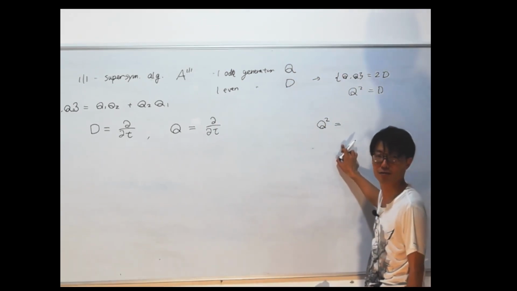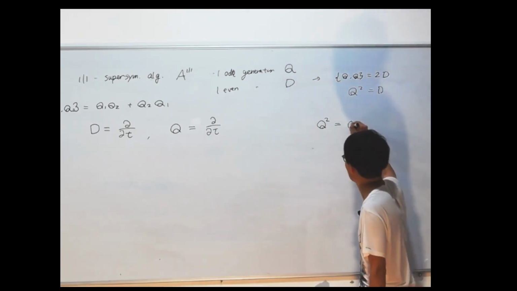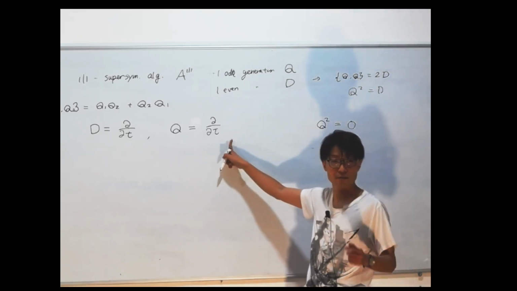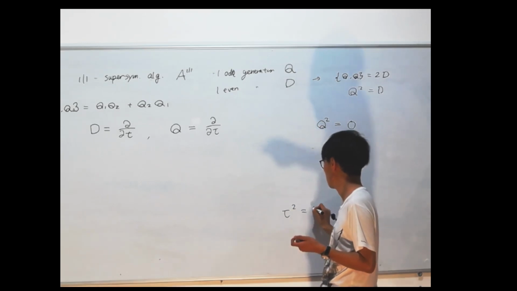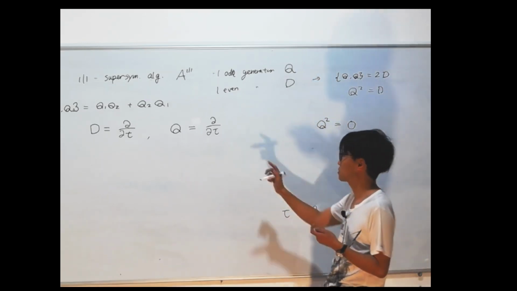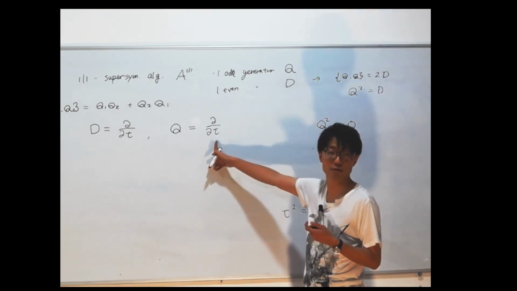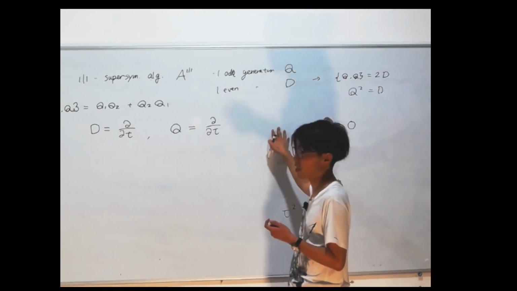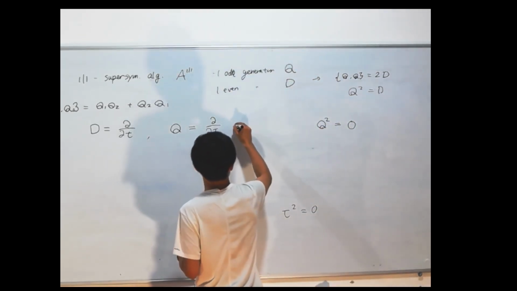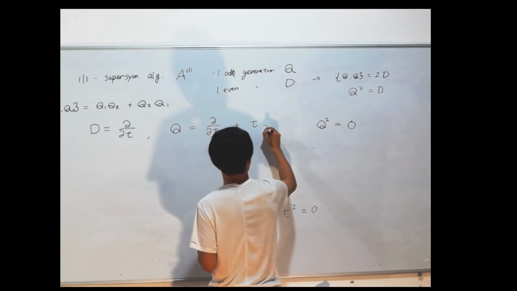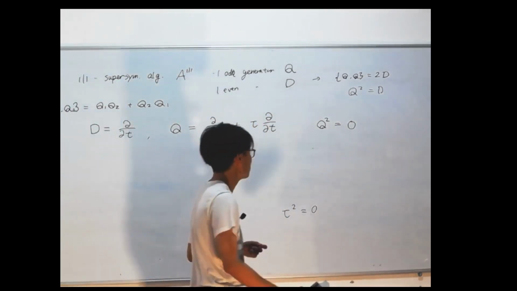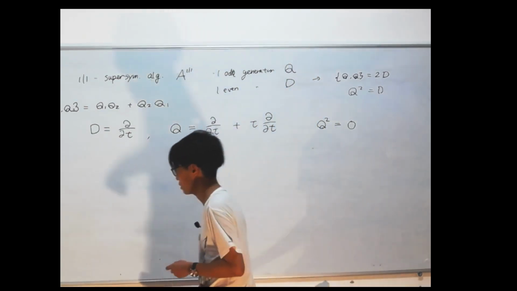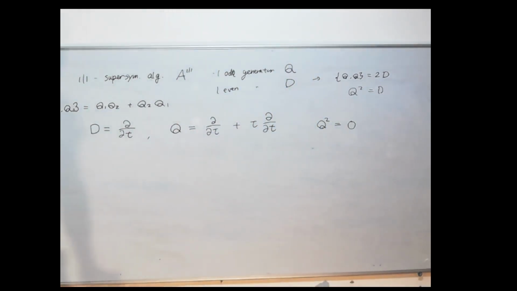Can you guess? It's 0, because if you have exactly the same element twice, it's the same analogy, so this one should also be 0 if you make it square. So you need something else here, and then the something else is going to be tau and d by dt. This is the answer. So this is the simplest supersymmetry algebra we can think of.